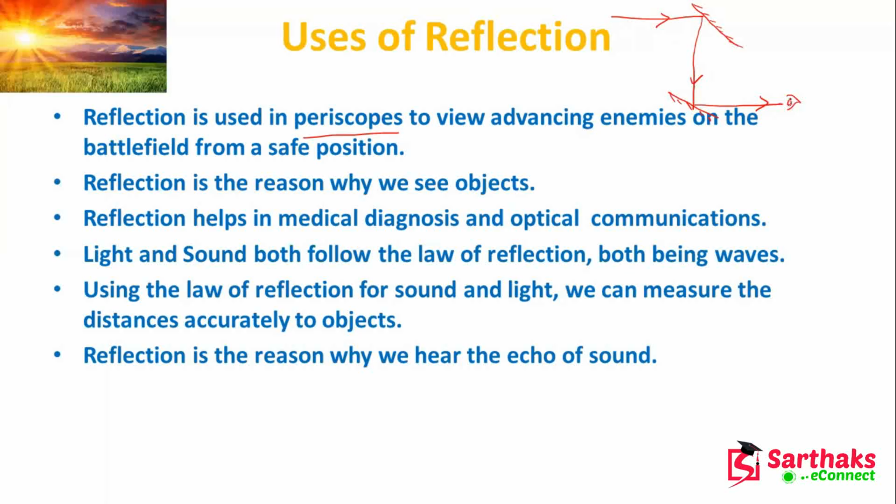If I keep my eye here, I can see whatever object you have here. So I can see the enemies. This is the main use of reflection. This is mirror A and this is mirror B. This is the main phenomenon of the periscope.